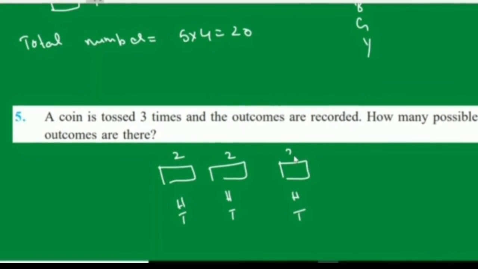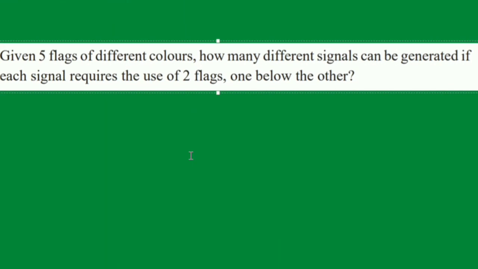Question number 6. 5 flags of different colors. How many different signals can be generated? So there are 5 colors. How many different signals can be generated if we use 2 different colors? So in this place I can use one of these colors.